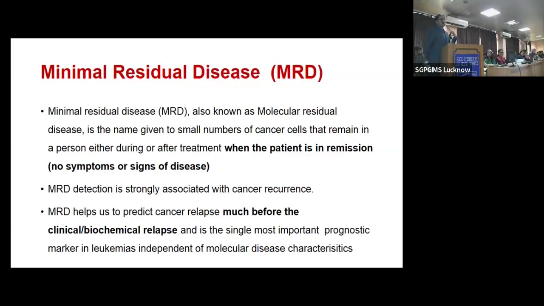So it is a way by which we can preemptively intensify the therapy for those who are persistently MRD positive, and we can also de-escalate the therapy for those who are persistently MRD negative. There is no need to give very intensive chemotherapies for patients who have persistent MRD negativity. We can de-escalate. That reduces the treatment toxicity also.